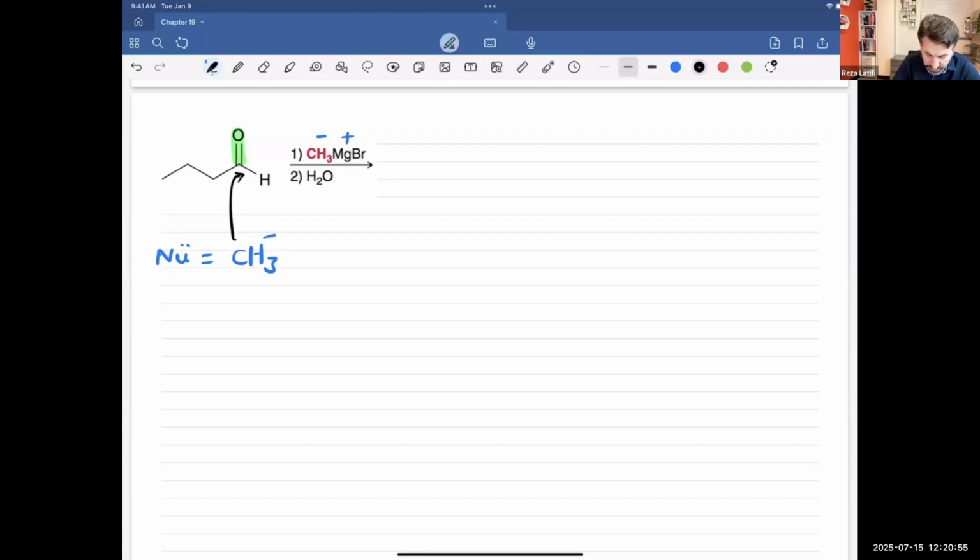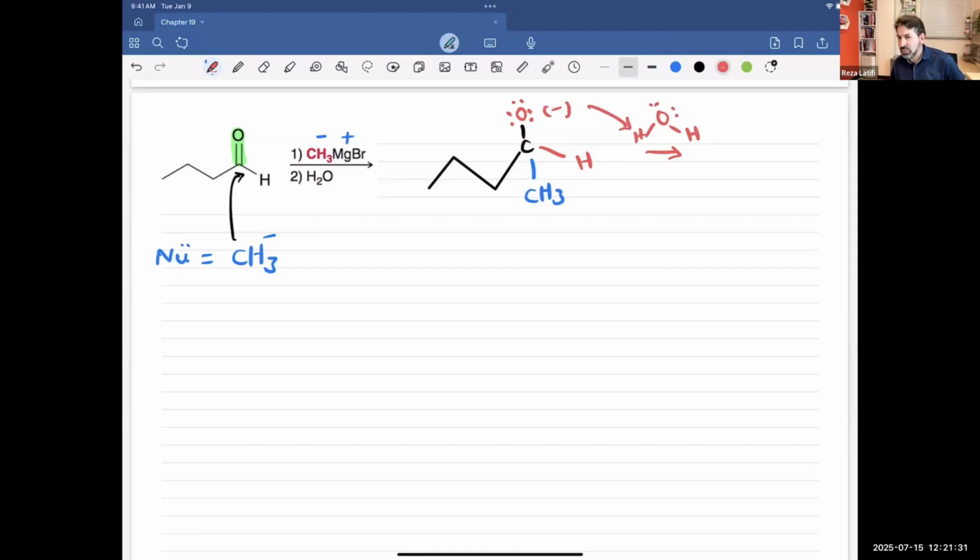And the intermediate you will get will be something like this. You have a carbonyl, and that oxygen will have 3 lone pairs. We add a CH3 to it, and here you go, CH3, and we do have a hydrogen attached to it. Now, this one has a minus 1 charge. Very soon, it will get a proton from, for example, the solvent, so it will take the positive H from water.